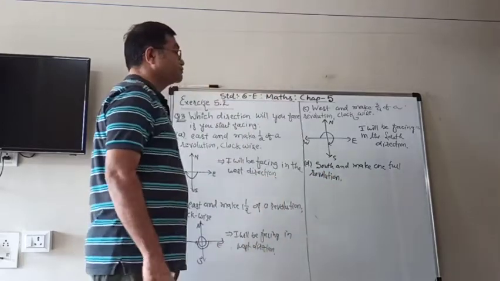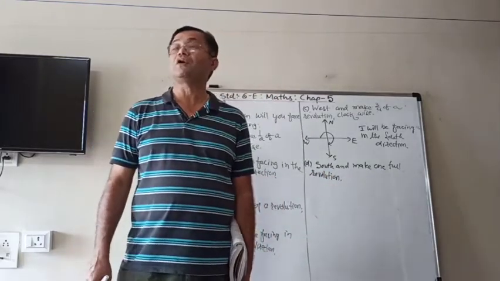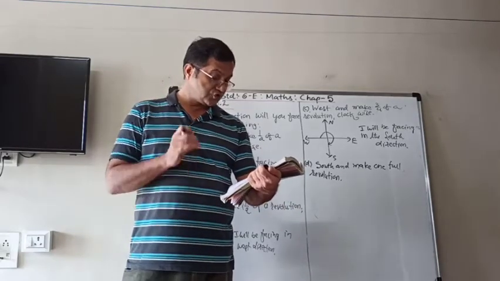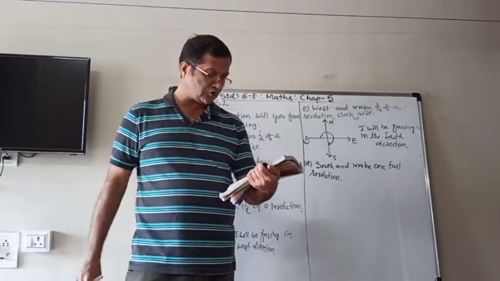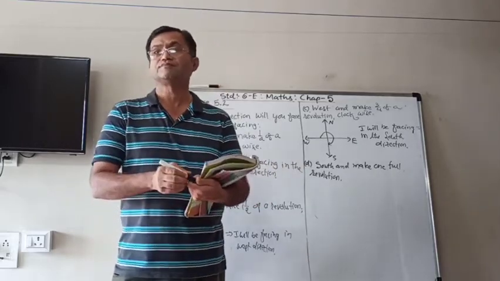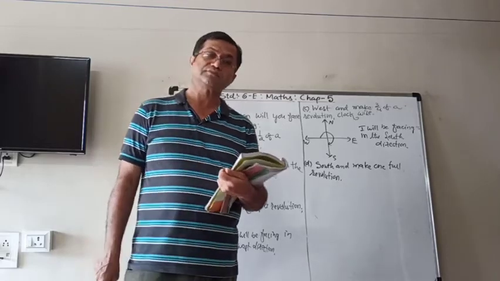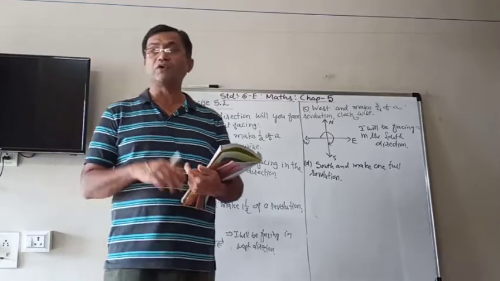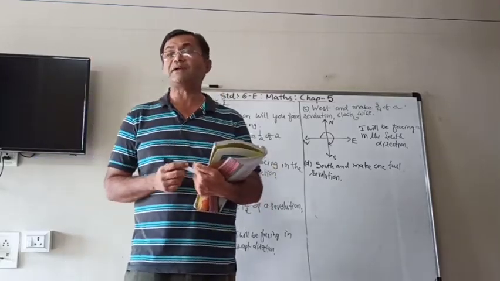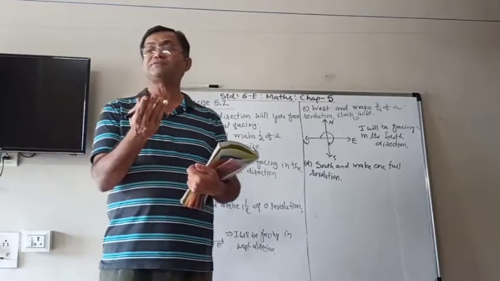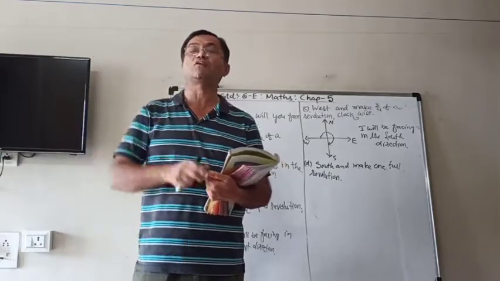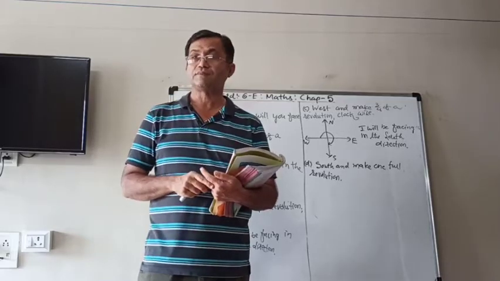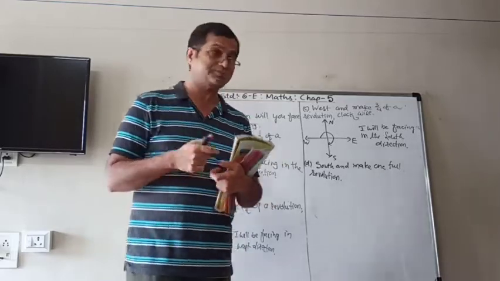Now here they didn't give clockwise or anti-clockwise, and they asked, should we specify clockwise or anti-clockwise for this last question? No, it is not necessary, because when you make a complete revolution, it doesn't matter whether you move clockwise or anti-clockwise. You have to come back to the original position. So it is not necessary.